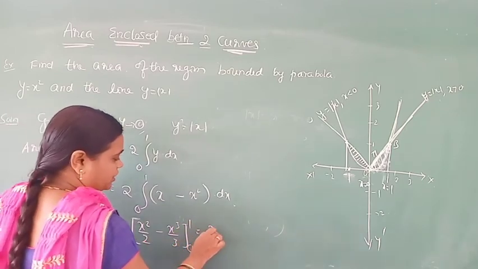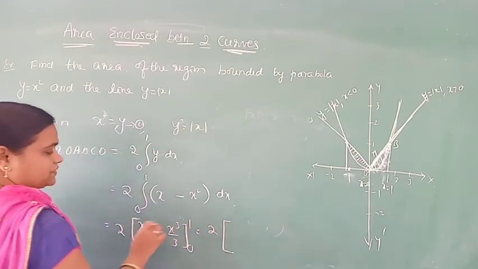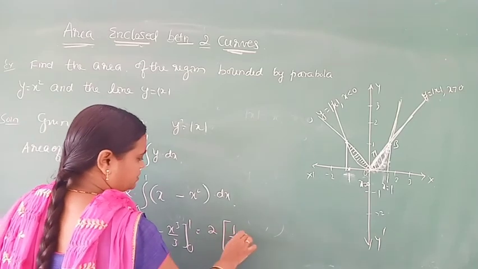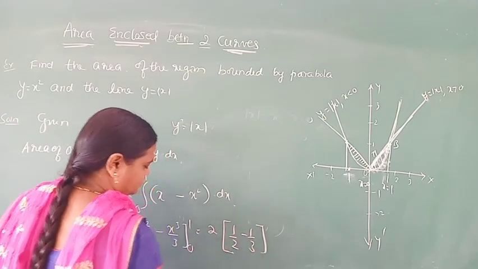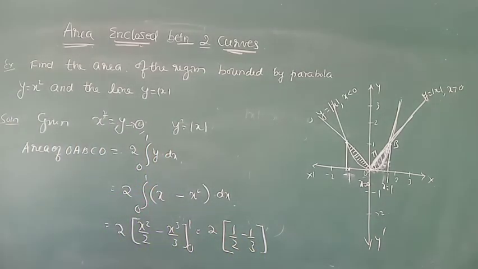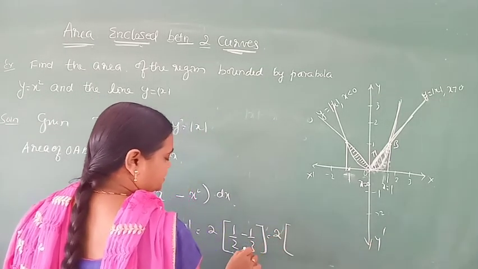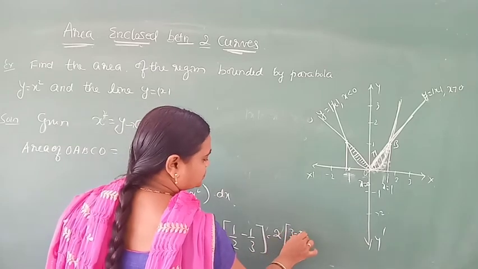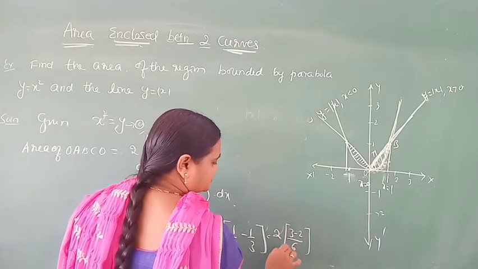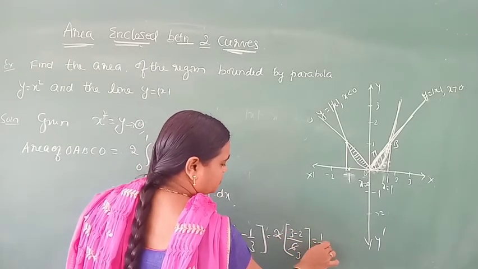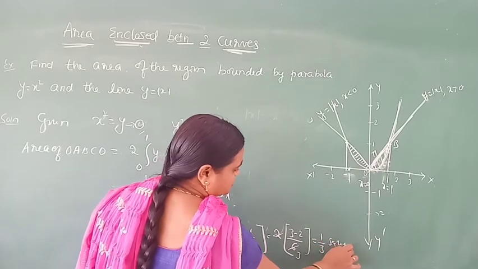Upper limit 1: 1 by 2 minus 1 by 3, and lower limit 0, 0 into anything is 0. We get 2 times, take the LCM, 3 minus 2 by 6, 2 ones are 2, 3 twos are 6, so 1 by 3 square units.